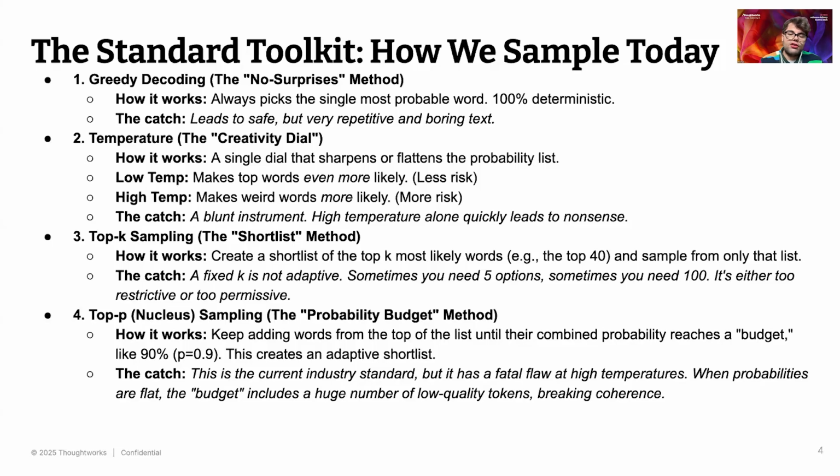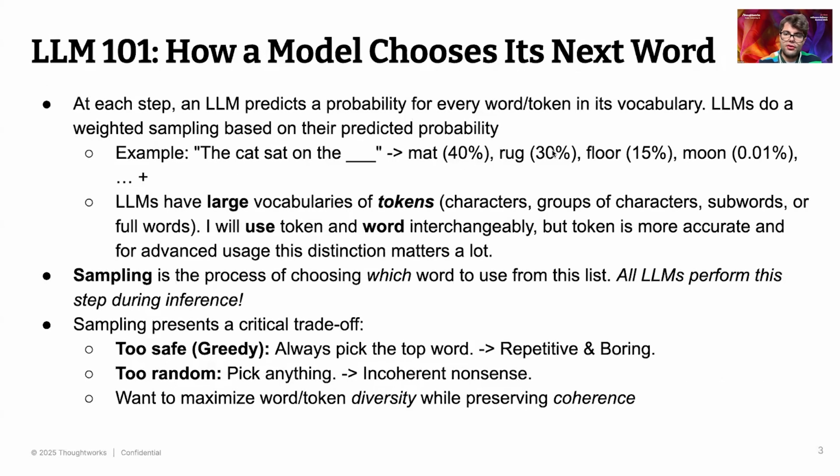And then we have what is called nucleus sampling or top P sampling. You can think of this as like a probability budget. And so the idea would be if your top P is 0.9, then you have a probability budget of 90% of the total probability distribution. So if the top words have probability that sums cumulatively to 90%, all of it is covered here. In this case, 40 plus 30 plus 15, that's 70, it's 85, right?